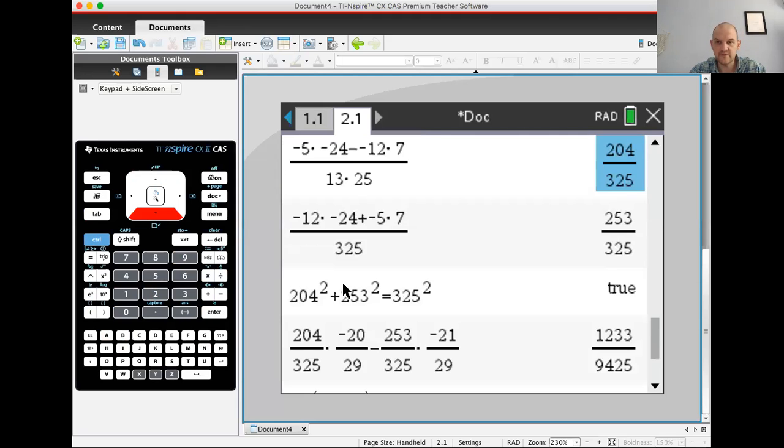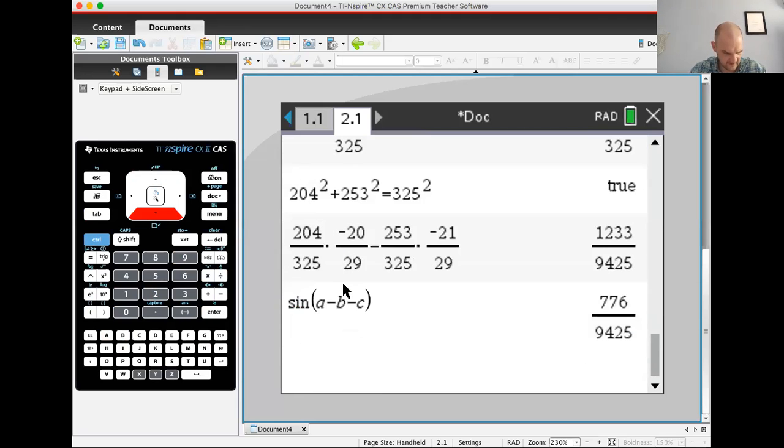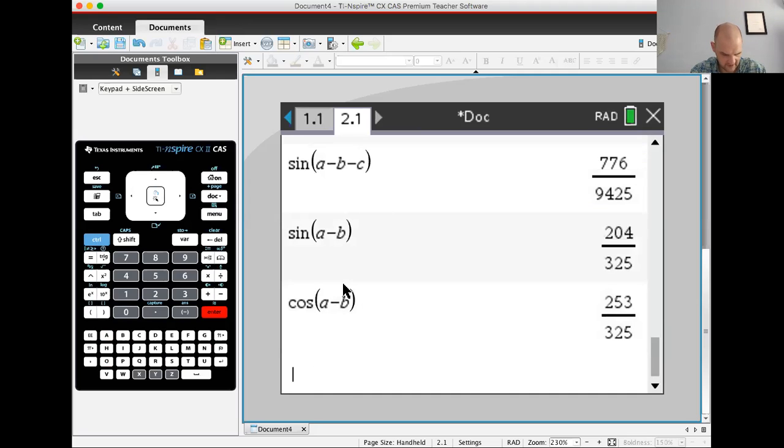204 over 325. I don't really know. Let me see. What do I get for the sine of a minus b? It's 204. What do I get for the cosine of a minus b? It's 253. Negative 20. Negative 21.